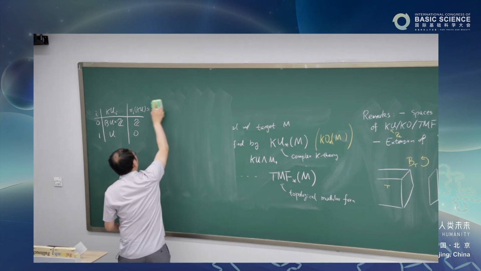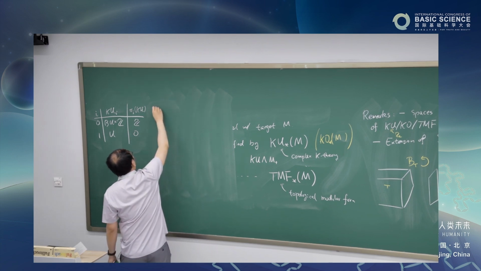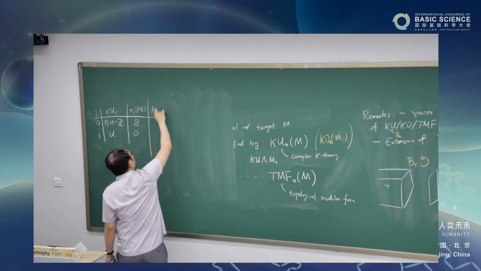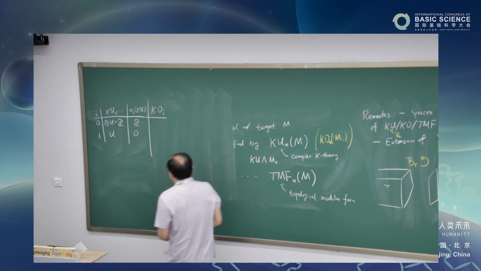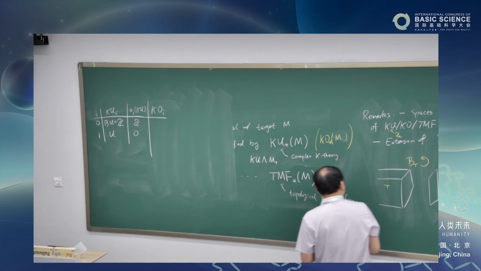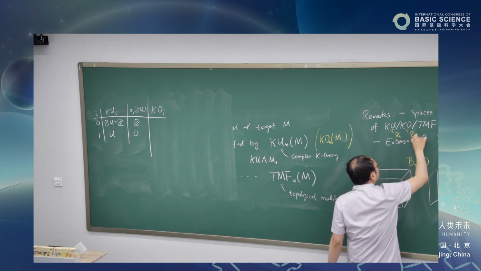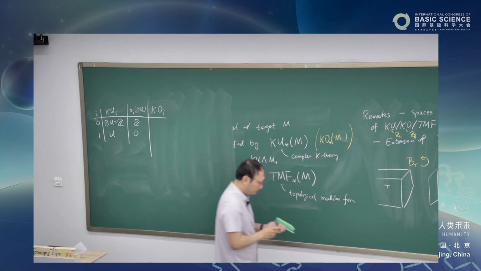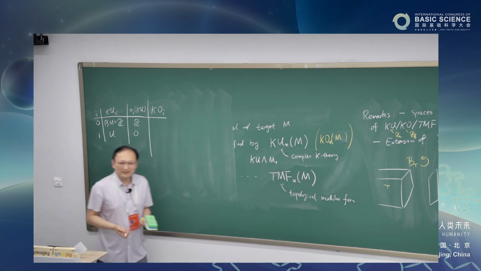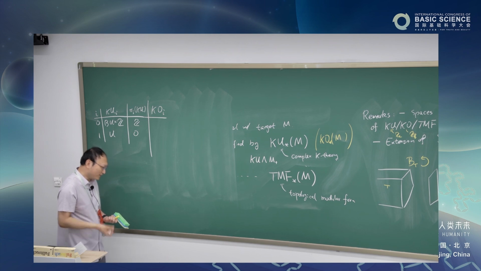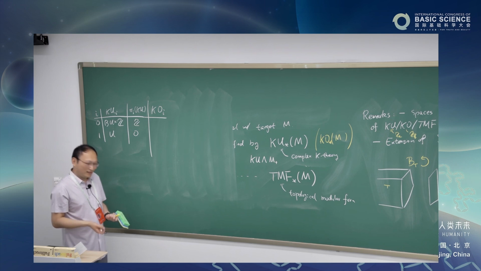And similarly, there is KO. For KO, it's actually 8-periodic. This is because now the fermionic zero modes are Majorana fermions, and they preserve time reversal symmetry. If you want to gap them, you cannot just gap 2 of them. You have to gap 8 of them.